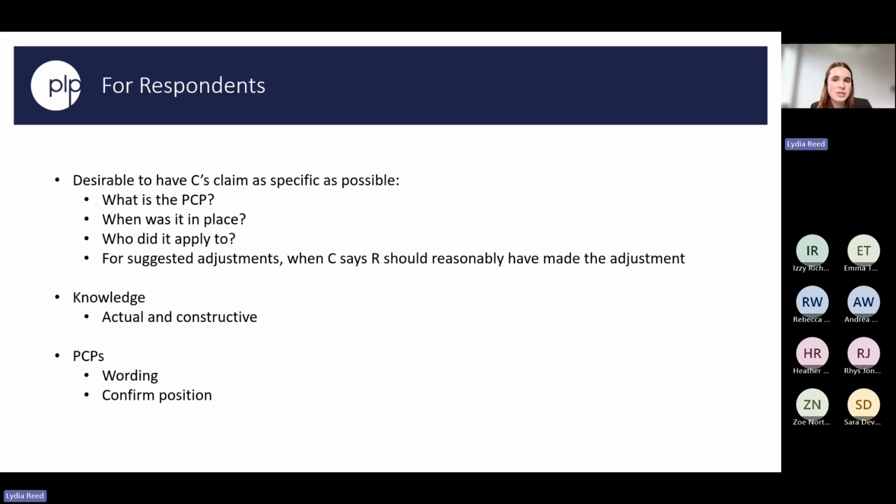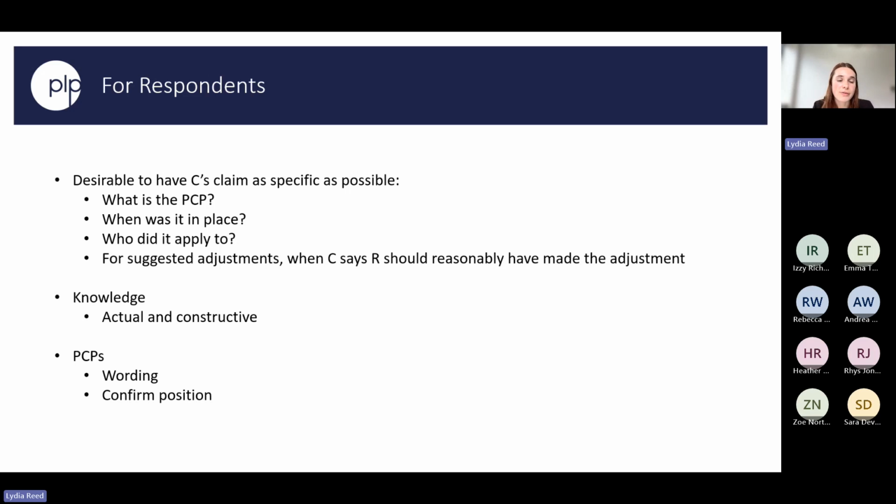The knowledge defence we've already touched on, that being knowledge that the employee was disabled and likely to be placed at a substantial disadvantage by way of the PCP, physical feature or lack of the auxiliary aid.